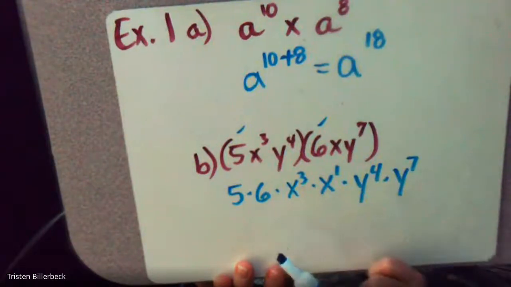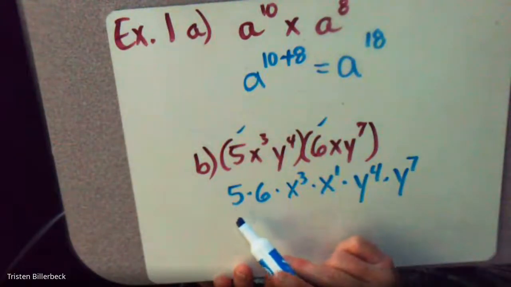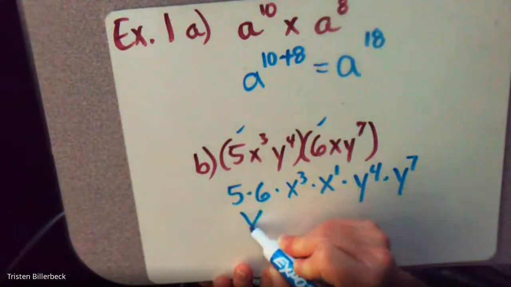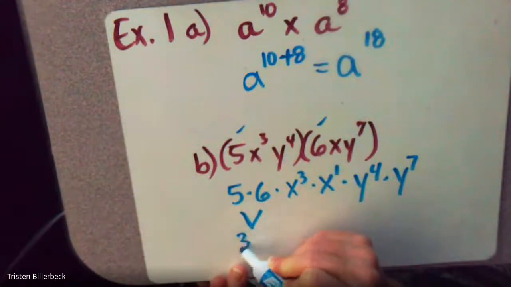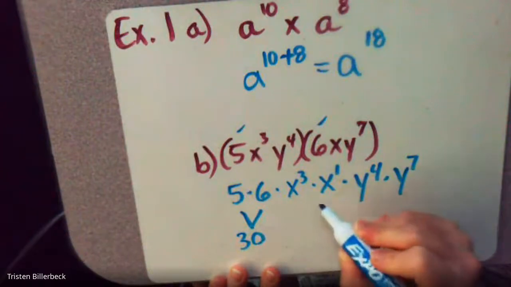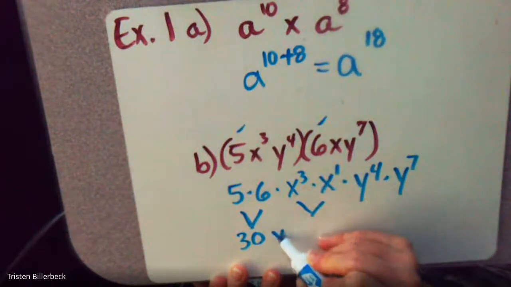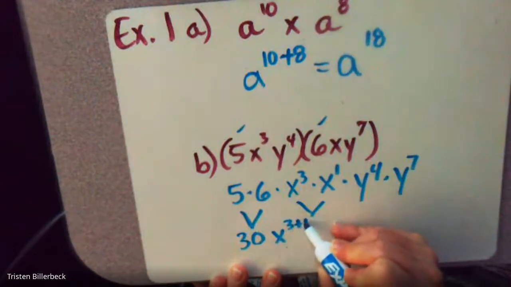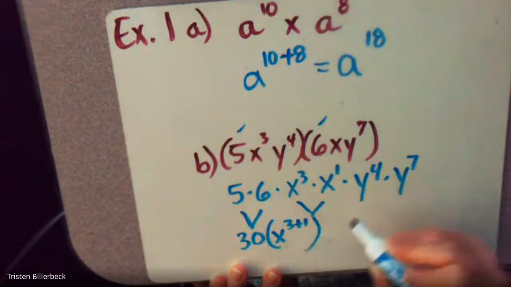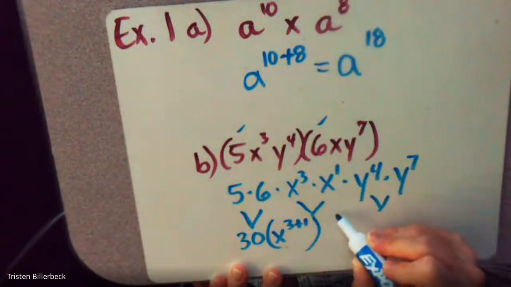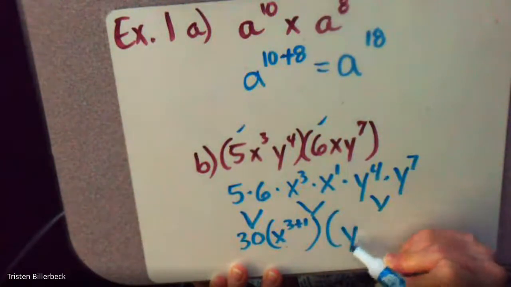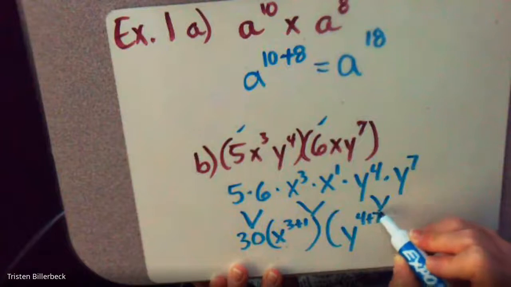Okay, so now all we have to do is do this little part. Well, we know what 5 times 6 is. That's silly. And then this part, well, we add x to the 3 plus 1. And then this part, we're taking y to the 4 plus 7.